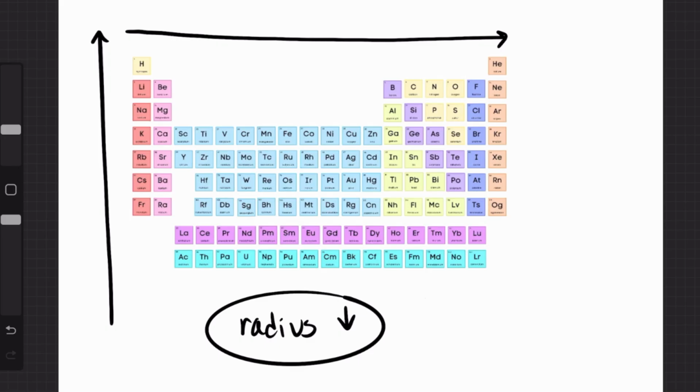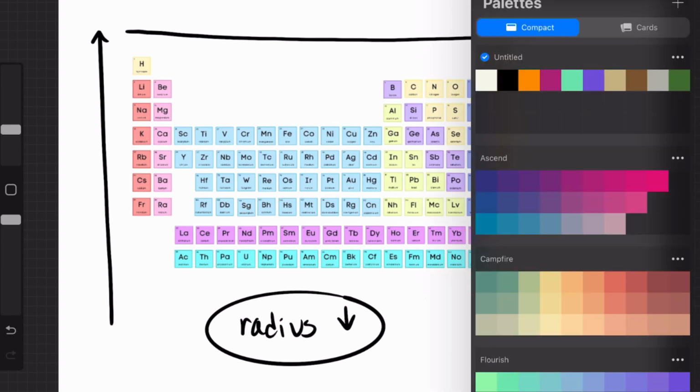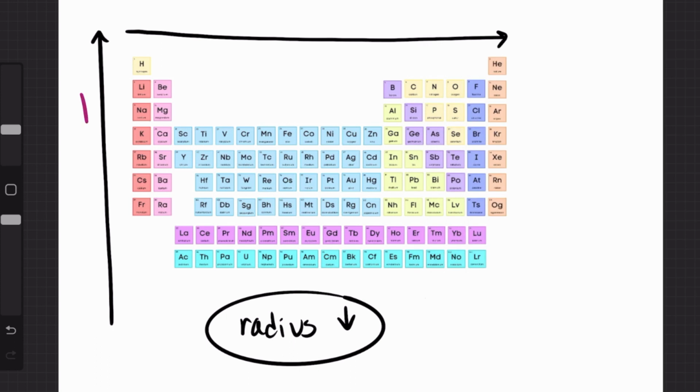So here I have the actual trend. I like to go by decreasing. You can always do the arrows in the opposite direction and say that it is increasing, but it is decreasing as you go up the periodic table and decreasing as you move right.